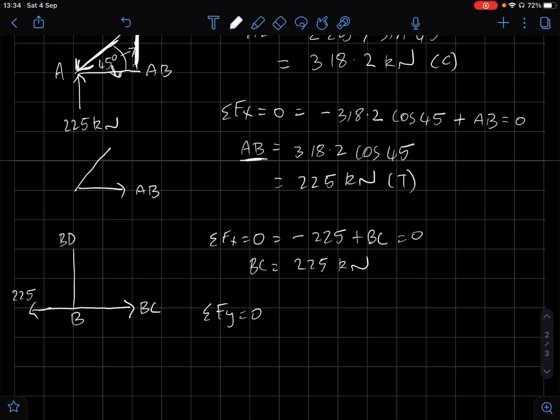We do. We have BD, but I guess it doesn't have any magnitude. So it's just going to be BD equals 0. How easy is that? BD, 0 kilonewtons, and we call that a zero force member.